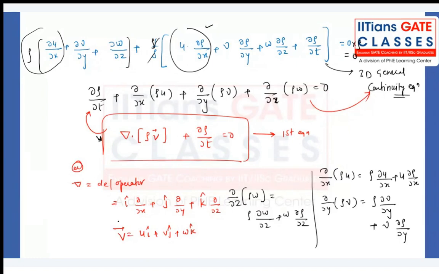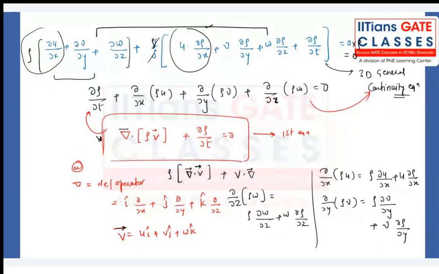On the basis of what you have written earlier, we can write rho del dot v, because del dot v gives this term, plus v dot del into rho plus dou rho by dou t, that is equal to 0, right?